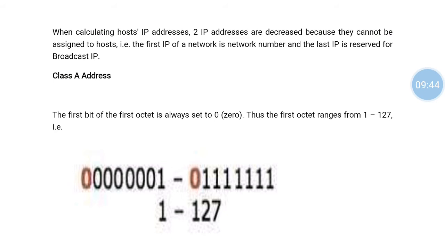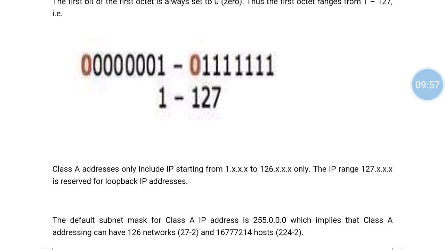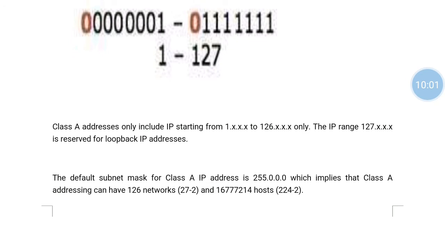Thus the first octet ranges from 1 to 127. The default subnet mask for a class A IP address is 255.0.0.0.